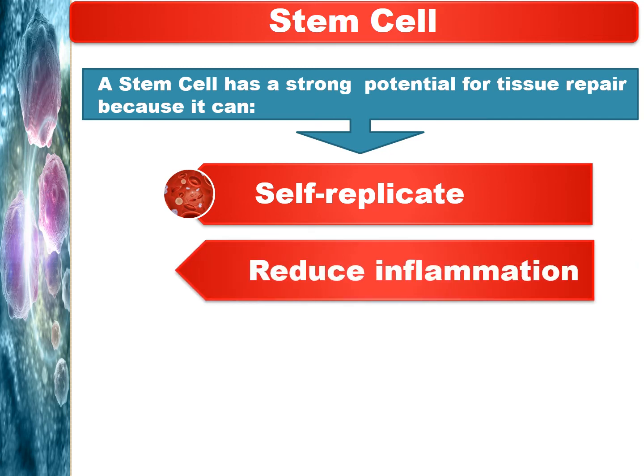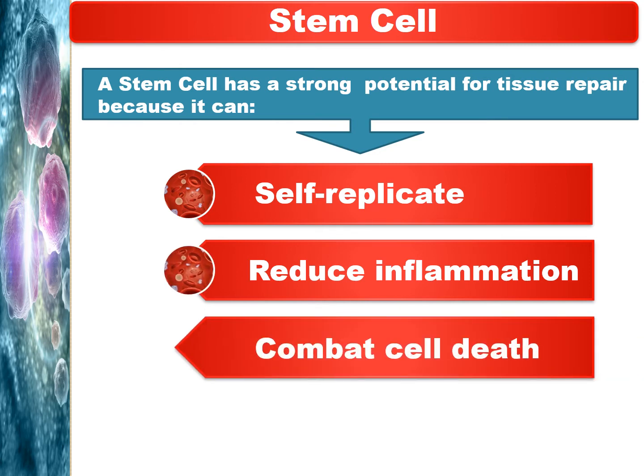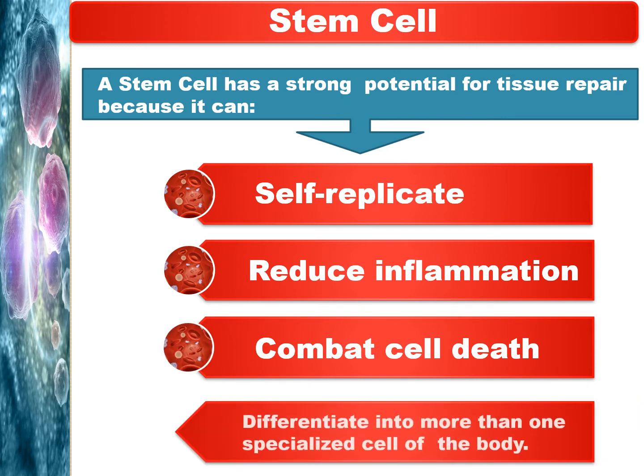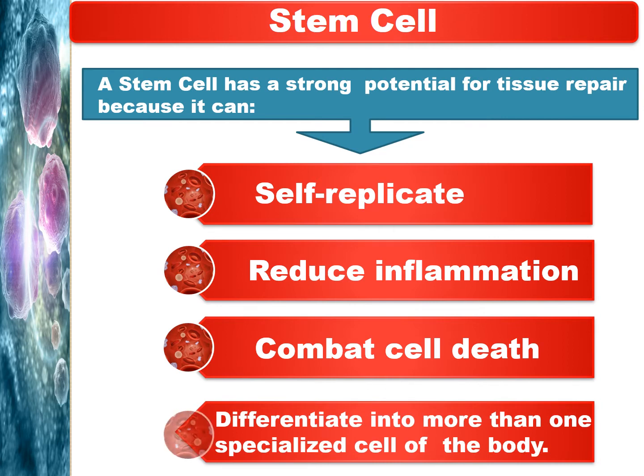Another feature of stem cells is that they can reduce inflammation, so they can combat cell death. Also, in addition to this, they differentiate into more than one specialized cell of the body. In this manner, stem cells have a strong potential for tissue repair.